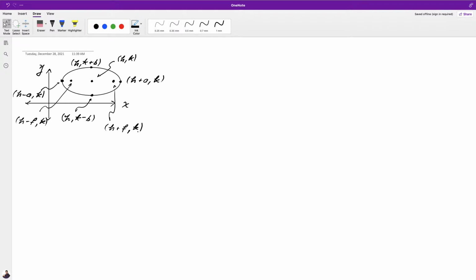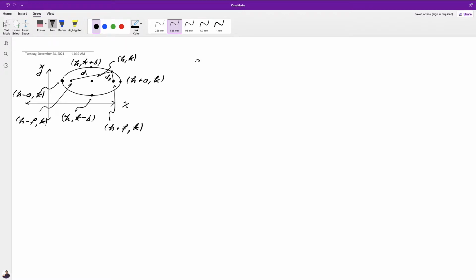So the definition of an ellipse is the locus of points such that the sum of the distances of any point on the locus to two fixed points called foci is a constant.